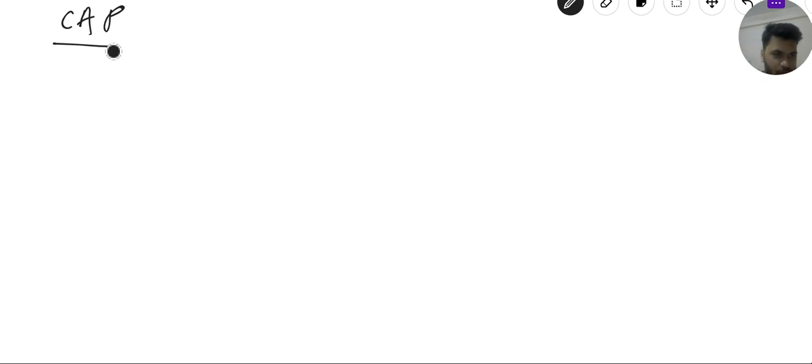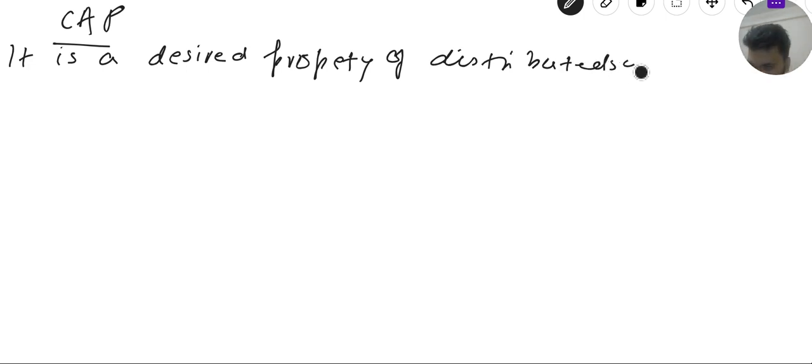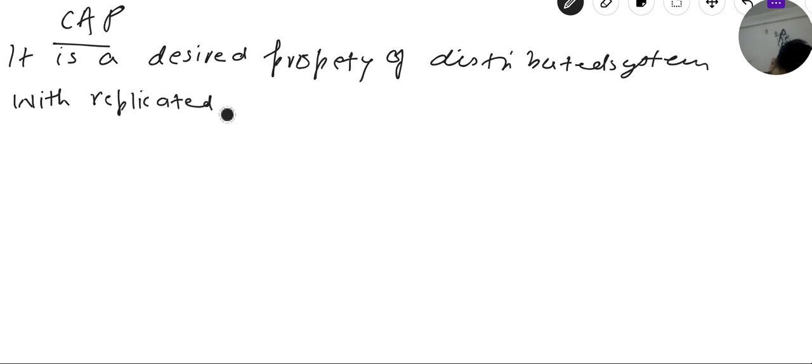So let's say CAP theorem is nothing but the desired property of distributed system with replicated data, right?